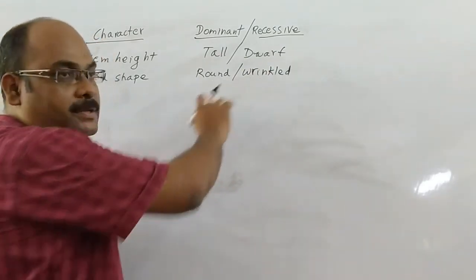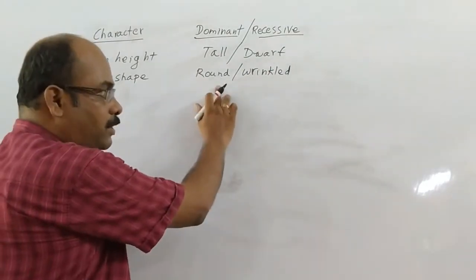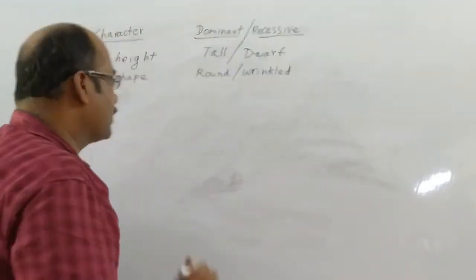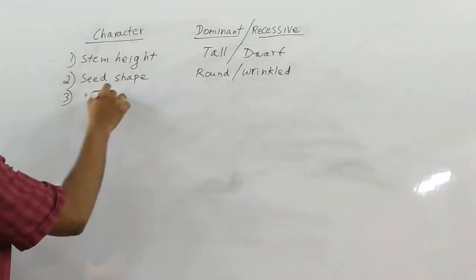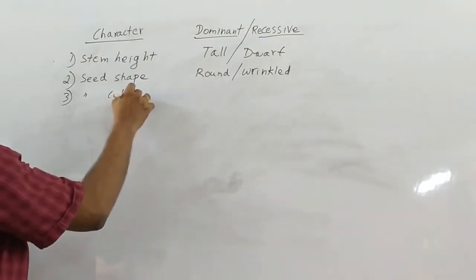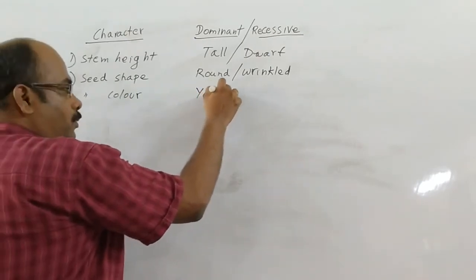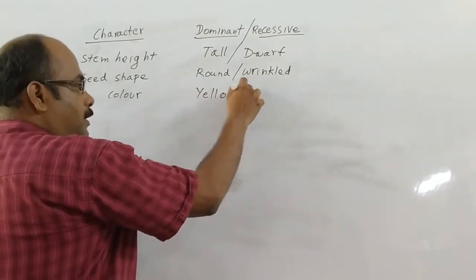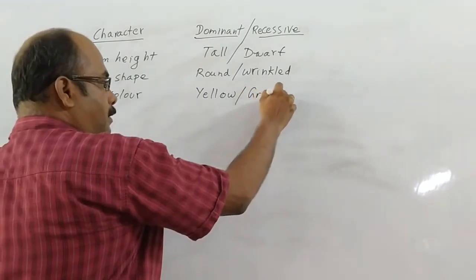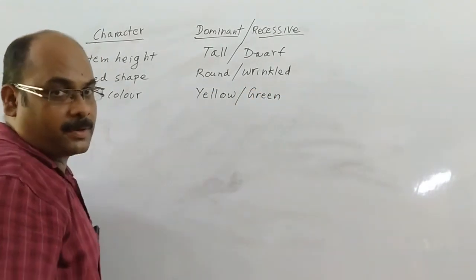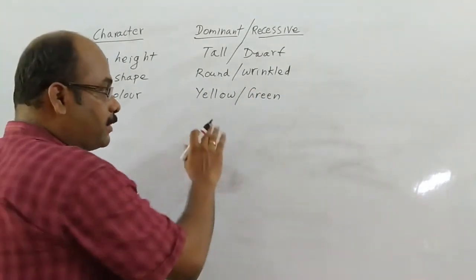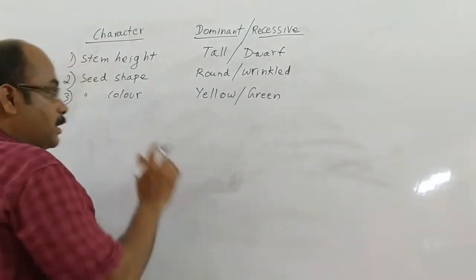Round is dominant and wrinkled is recessive, so you take capital R for round and small r for wrinkled. The third one is seed color, yellow and green. Yellow is dominant, green is recessive, so you take capital Y for yellow and small y for green.